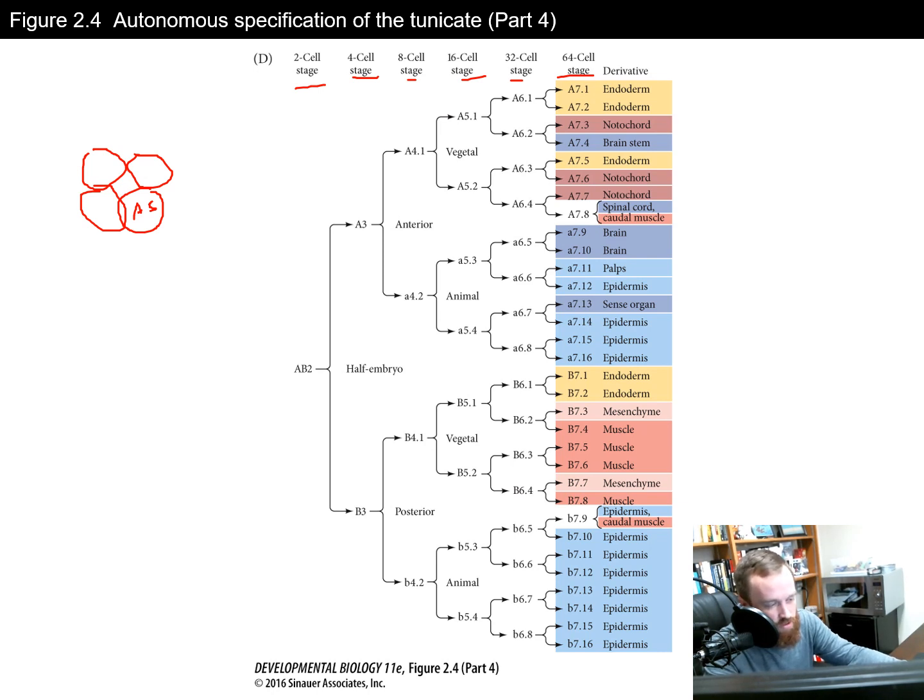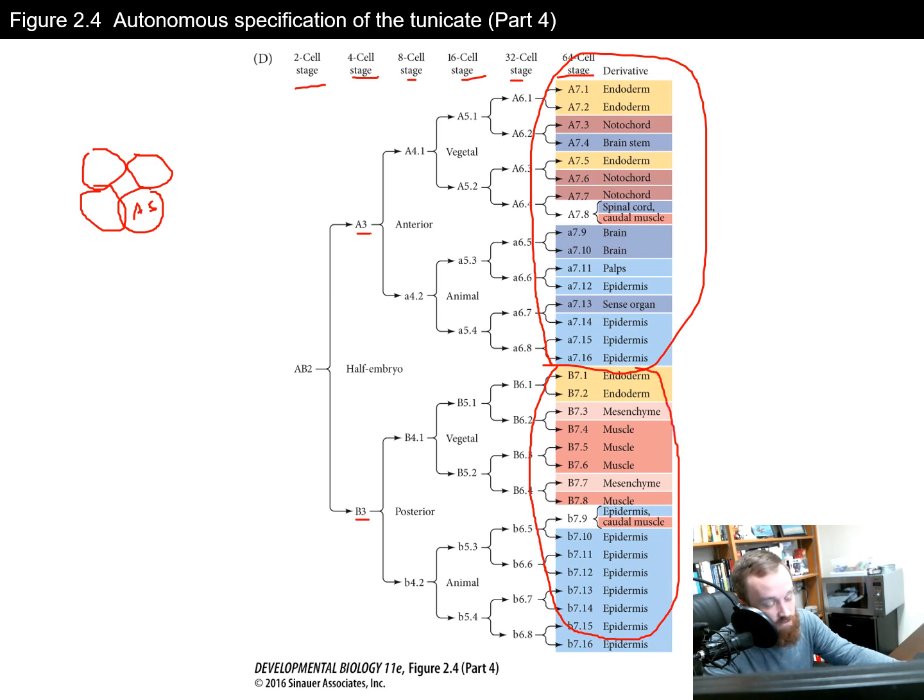If you remove one of those, for example A3, then A3 at the 4 cell stage develops into all of this: epidermis, endoderm, notochord, the brain, etc. And the other half, the B section, so B3, also develops into endoderm, mesenchyme, muscle, all these other different cell types.